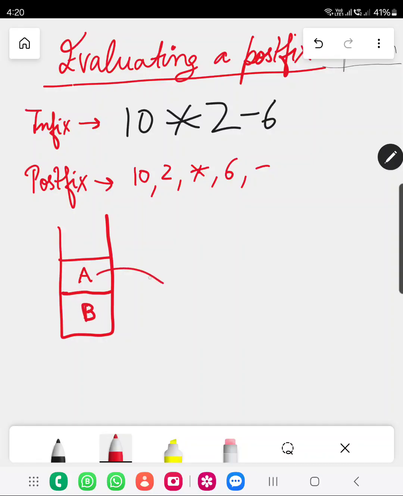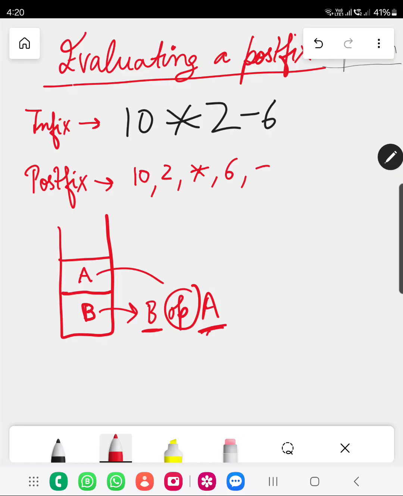So remove these two and you have to perform B operation A. You do not have to perform A operation B. So B will be the second top element and A will be the top element, and we will perform B operator A whenever an operator occurs.